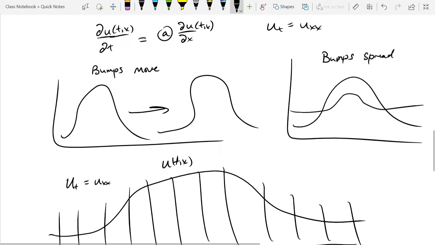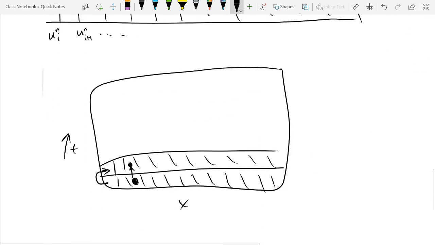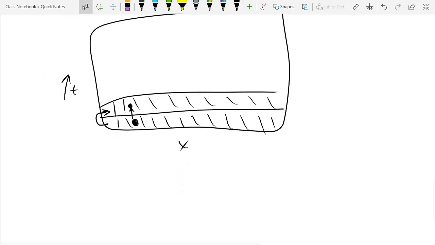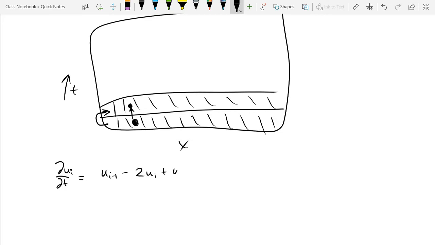What you can do is, via a Taylor series argument, show that du/dt at each of the i is equal to u sub i minus 1 minus 2 u sub i plus u sub i plus 1.